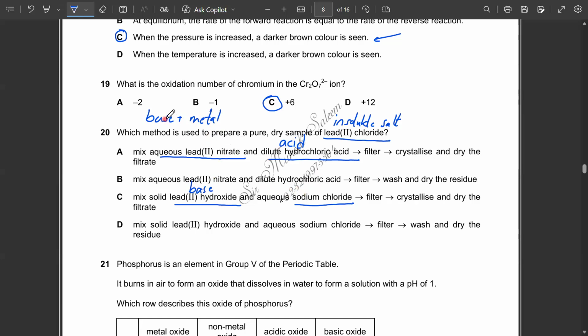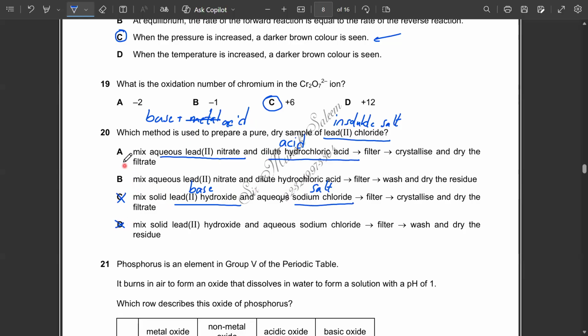It is never a base reacting with a salt. That is not possible. So this is a salt and the other one is a base, so it cannot be this kind of combination. That's why both options C and D will be considered incorrect.